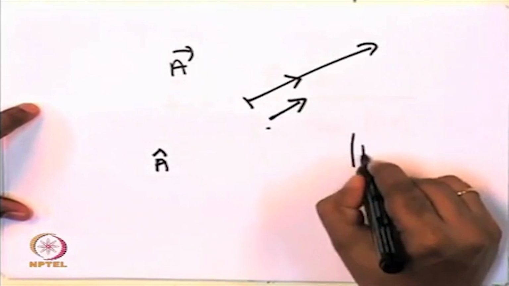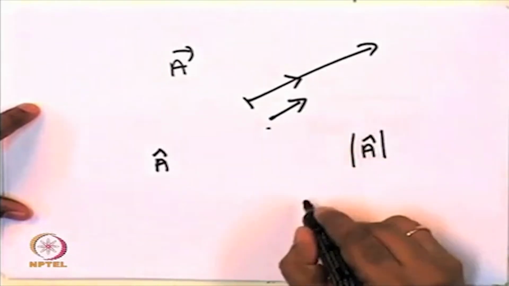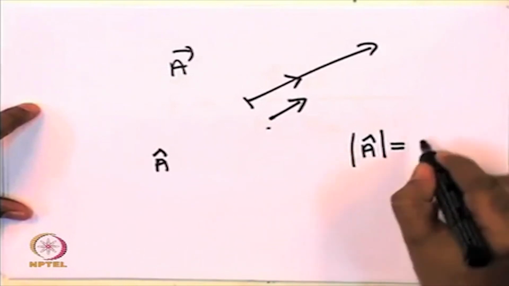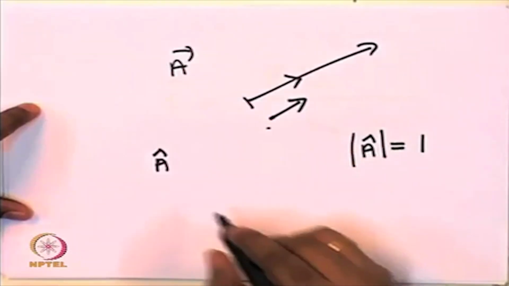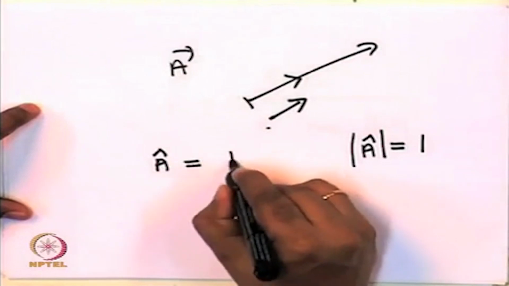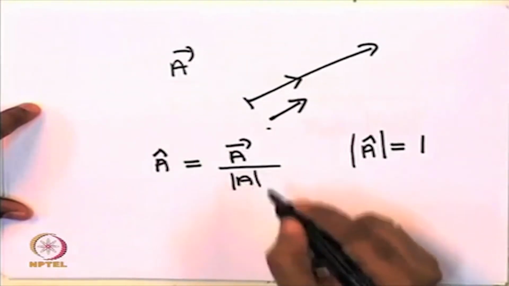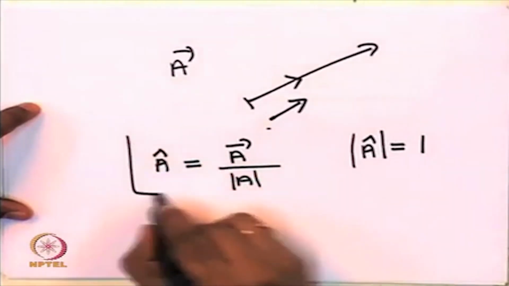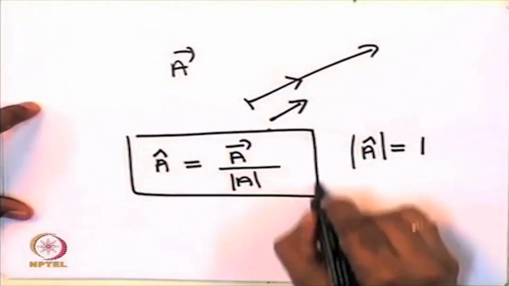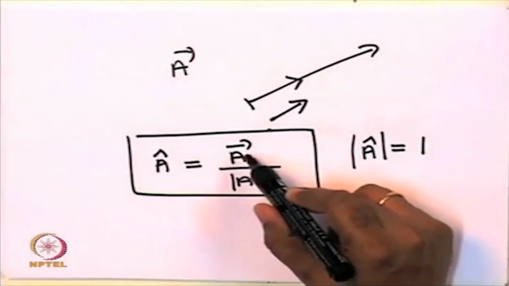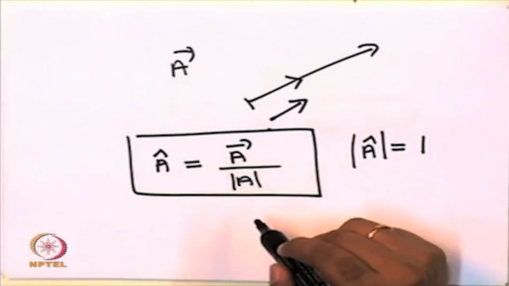So we know that the modulus of any unit vector is 1. This is defined as A vector divided by mod A vector. This is the definition of a unit vector: any unit vector is that vector divided by its modulus.